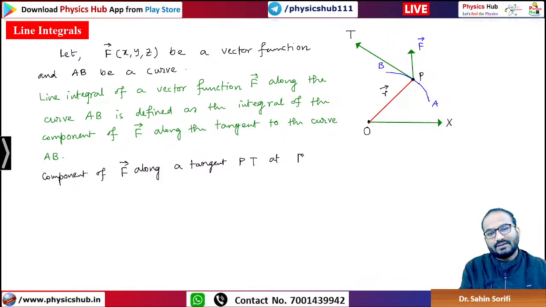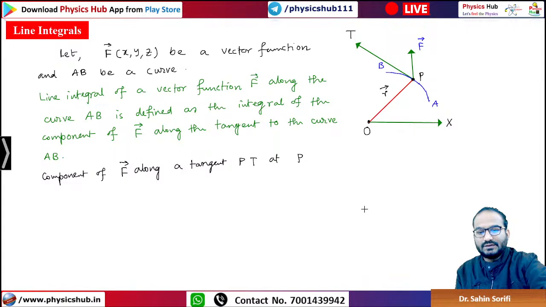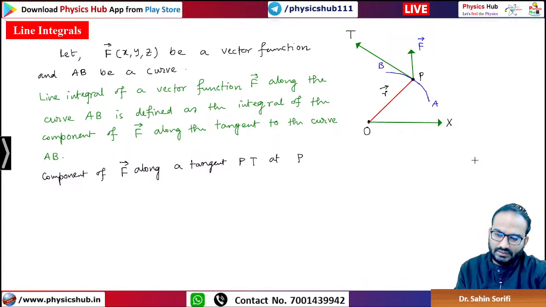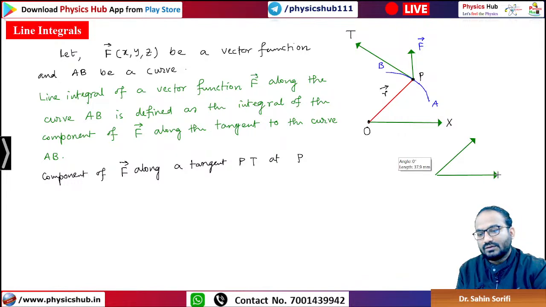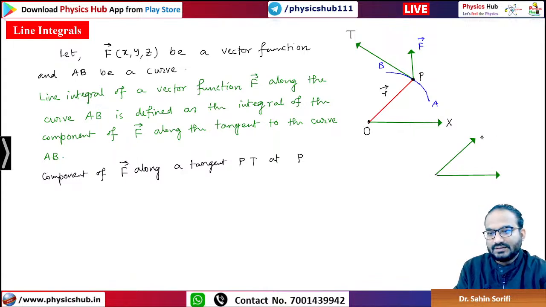So we are defining it for a single point, then we can consider for the whole curve. And one thing I would like to tell you, I have already explained many times. If you have a vector, let's say A, and you want to calculate the component along some particular direction n cap, then what do you do?